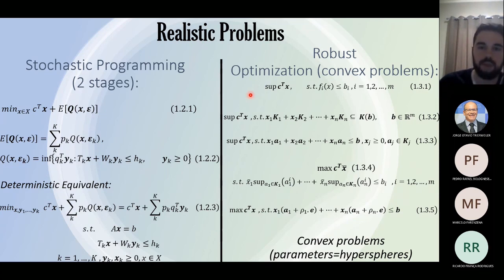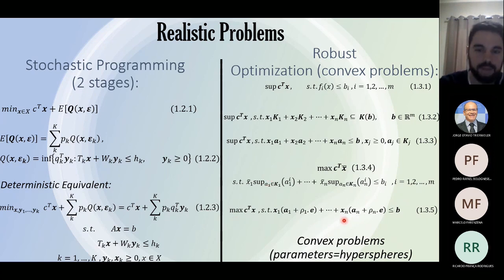So basically, the main idea is to maximize or minimize a deterministic problem. Here you have a stochastic problem, okay? But here you have a deterministic problem, and it can be transformed again into a linear problem, this one, and then you solve it.